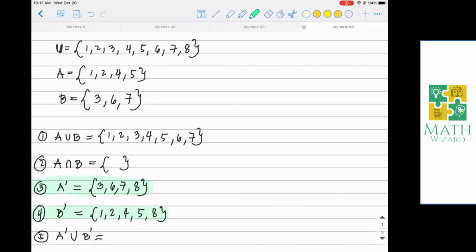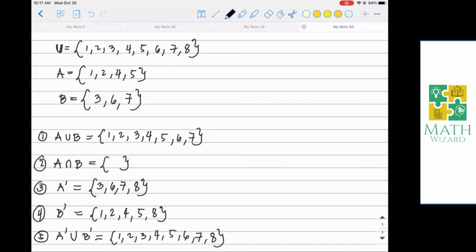Pero dahil meron na given na ang ating A complement and B complement, i-combine lang natin together. Ang sagot po natin ay, we have the 1, 2, 3, 4, 5, 6, 7, and 8. Paano nakuha yon? Kinumbine lang natin si A complement and the B complement.